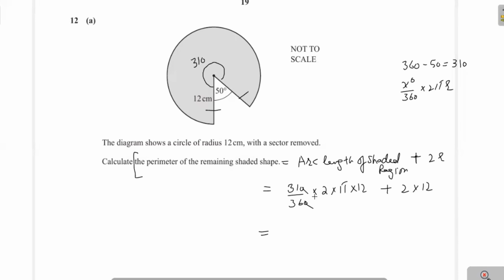Now the zeros will be cancelled. We can divide: 12 times 1 is 12, 12 times 3 is 36. 2 multiplied by 31 is 62 over 3 π plus 24. This value will be equal to 64.93 plus 24, and this will be equal to 88.93 centimeter, which is the answer.